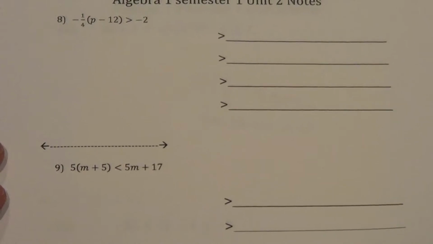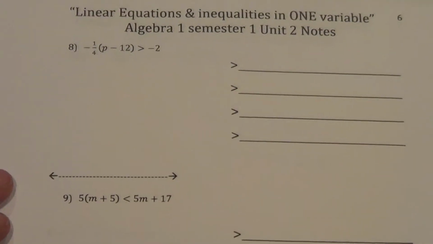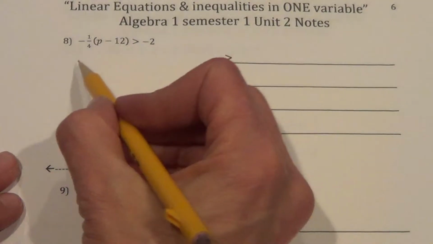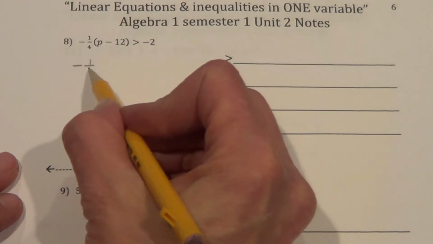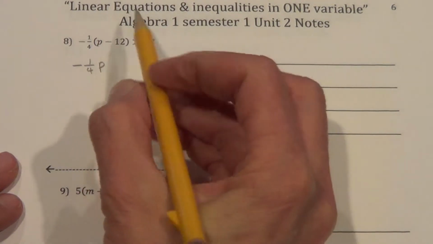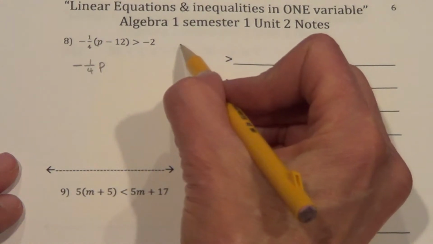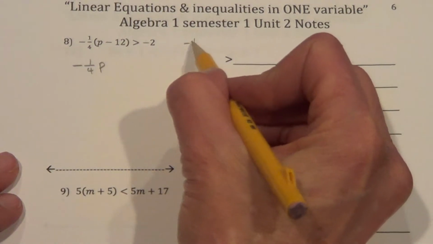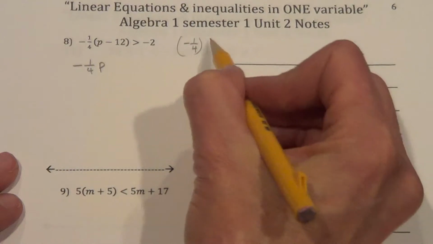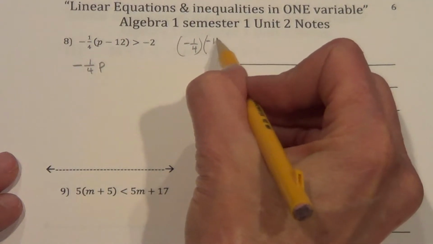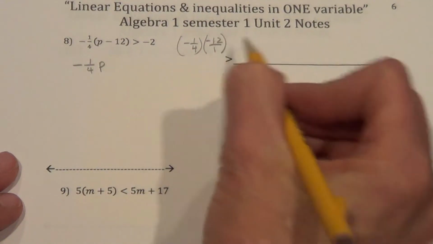In this problem, the first thing that we would do is distribute. So we get a negative 1/4 p. Negative 1/4 times negative 12. You might need to do off to the side here. Negative 1/4 times negative 12, and that would be 12 over 1.